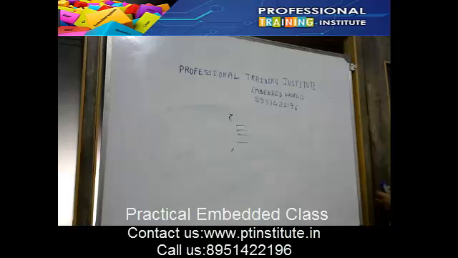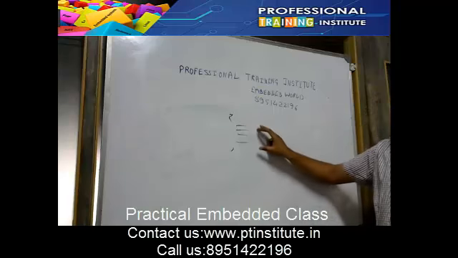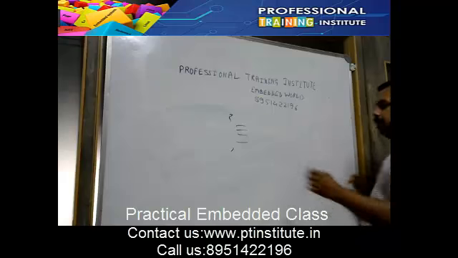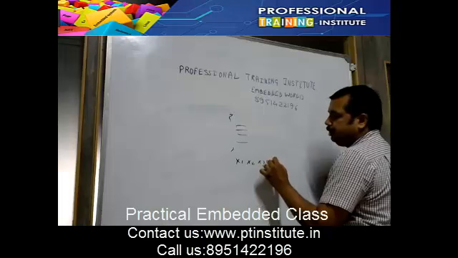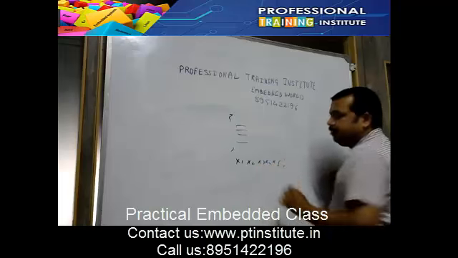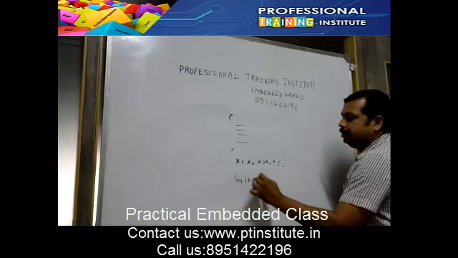Okay, see here. What I told: make one structure with the elements I already told. After that I told you to make 5 objects, x1, x2, x3, x4, x5. Then you write one function called init something.